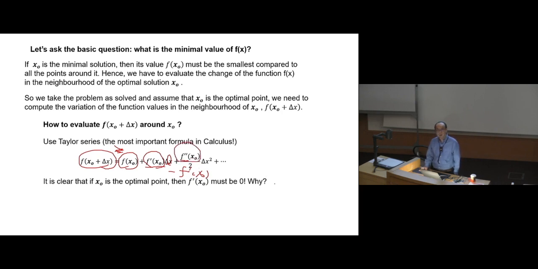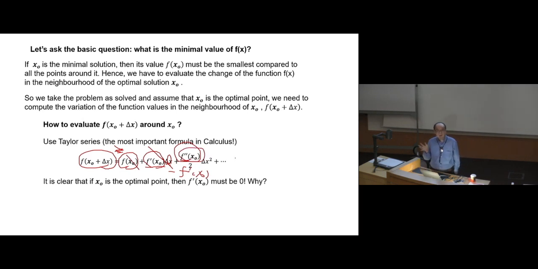The second order derivative will decide whether this point is a minimum point or a maximum point. If this is 0, and I want this to be a minimum point, what's the requirement on the second order derivative? Supposed to be positive or negative? If I want this to be minimum, the second order derivative has to be positive.